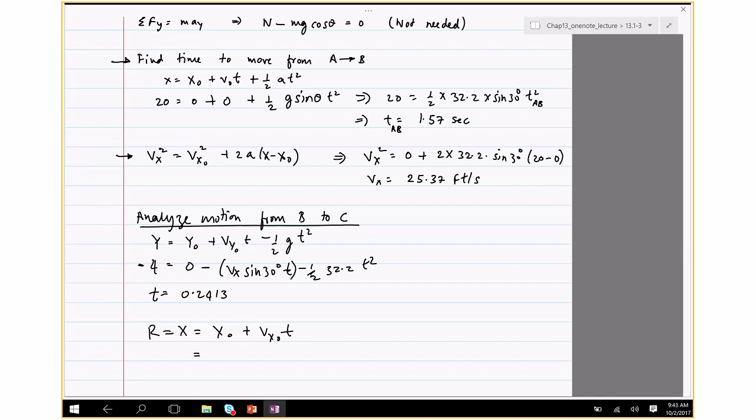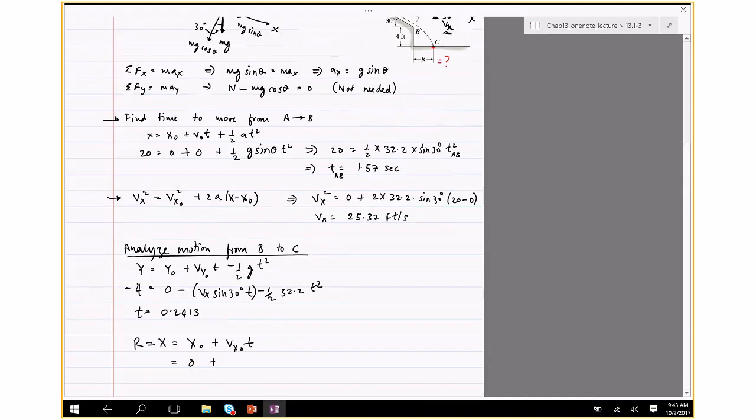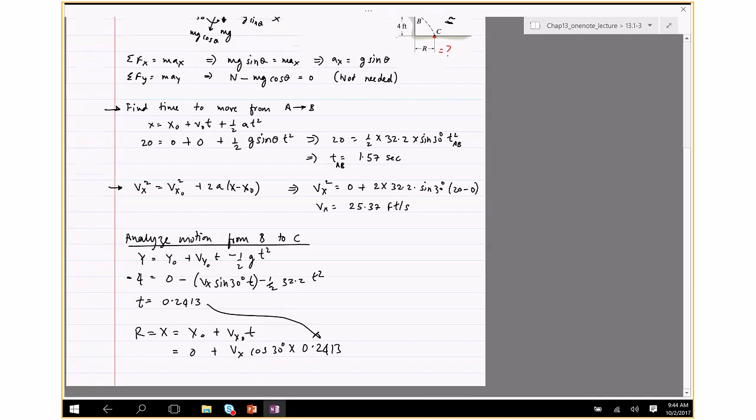So x0 is 0 plus the velocity in the x direction, which is Vx cosine of 30 degrees times the time, which is 0.2413. You know Vx, so you can solve for R. R equals 5.3 meters. By the way, Vx, this is 25.37. This is not meters, my bad, this should be feet.